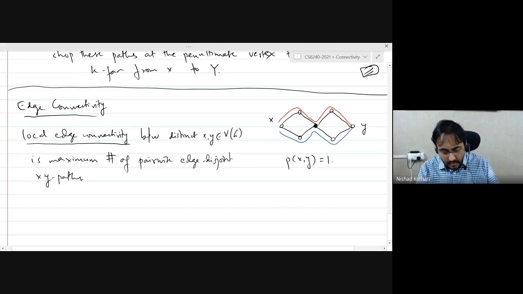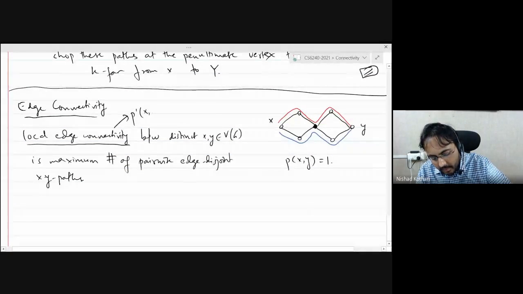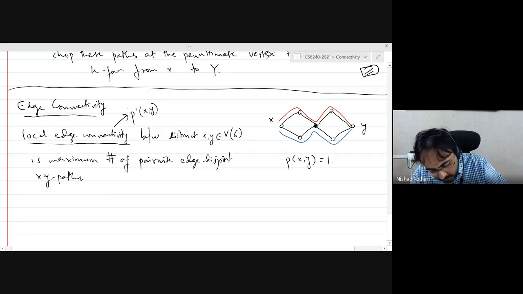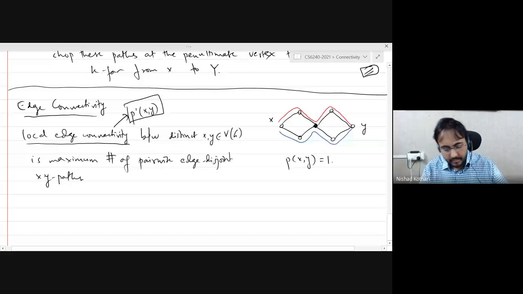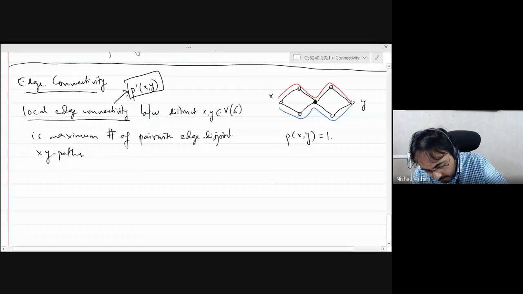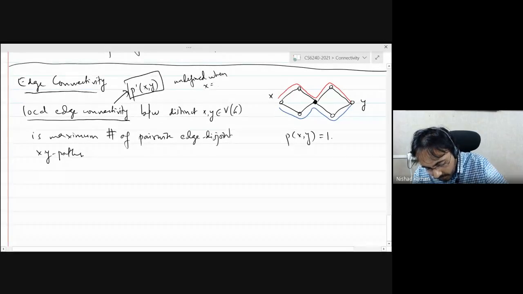It's generally denoted by, so basically whenever we go from a vertex to edge thing, we will put a prime. So this will happen multiple times in this course. For vertex parameters, we will generally not use prime. For edge parameters, we will use the prime. Okay. So this is P prime XY. Okay, and it is undefined when x is equal to y.